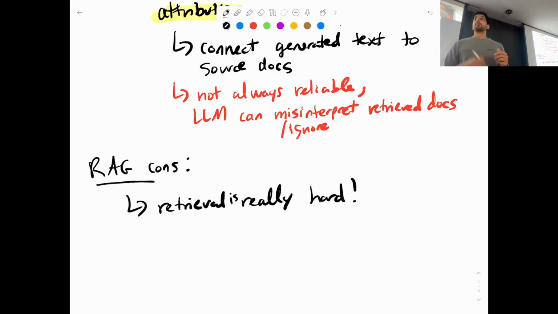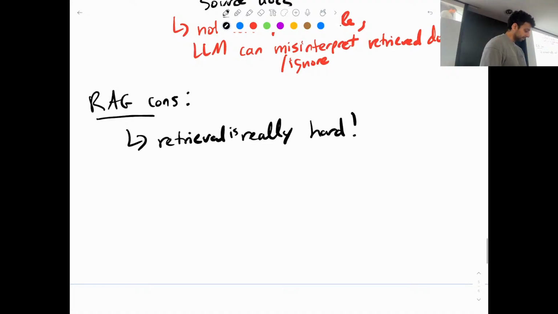But for more complex kinds of queries, if I say, write an essay about the history of transformers in NLP, it's a much more complex task, and the retrieval process may not give you all of the documents that you would need to write a coherent essay.